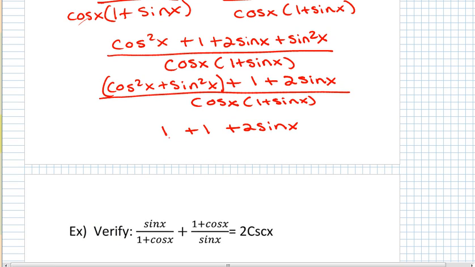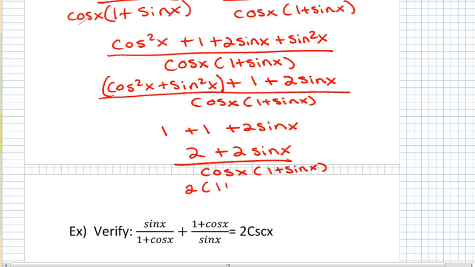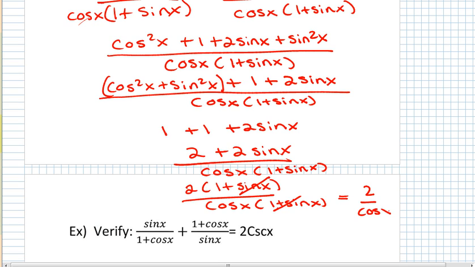And so basically 1 plus 1 is 2. And then notice they both have a common factor of 2, so I factor that out. And notice those cancel now, so you're left with 2 over cosine x.